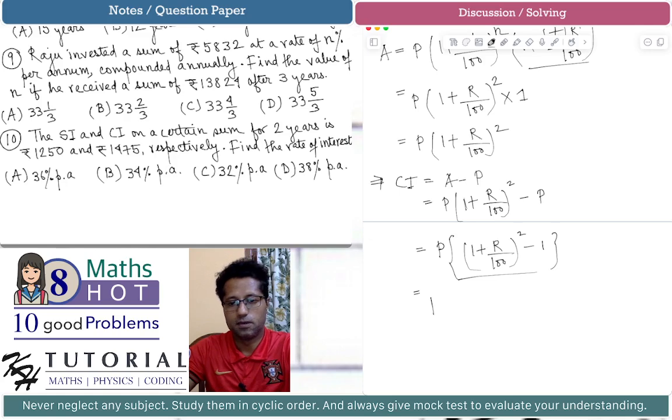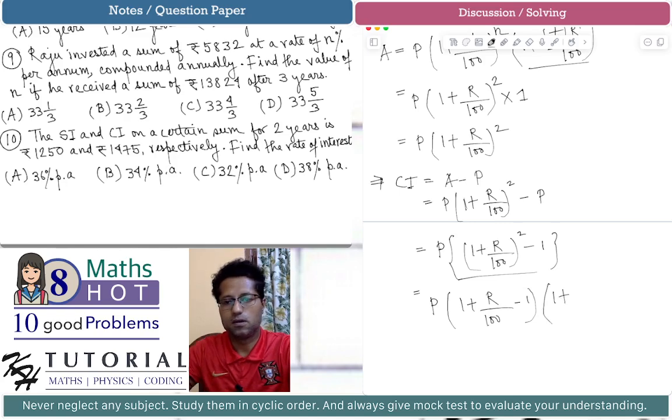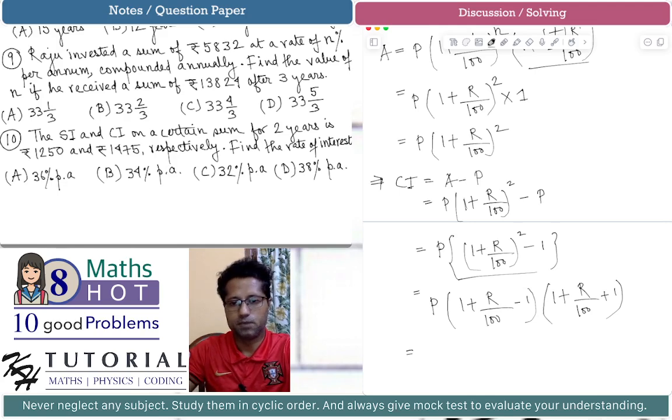We can say this is equal to (1 plus r by 100 minus 1) multiplied by (1 plus r by 100 plus 1). This is equal to PR by 100 multiplied by (2 plus R by 100).